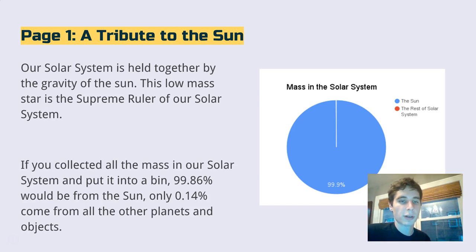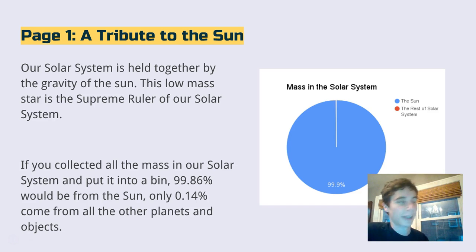It turns out if you were to collect all the mass in our solar system, you took all the planets, the sun, all the gases that are floating around out there, you put them into a bucket, 99.86% of that bucket would be filled up with the sun. And only 0.14% of that bucket would be filled up with all the other planets and objects, which is depicted in this pie chart right here. Okay?